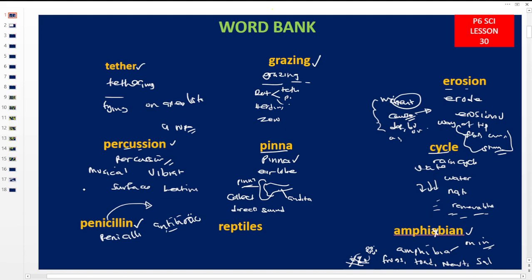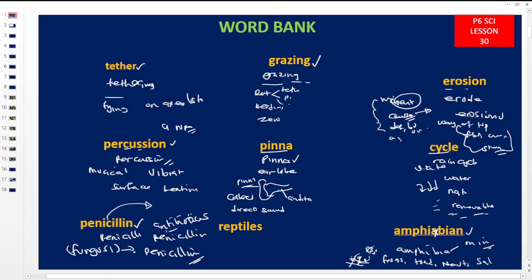To avoid or to treat those bacterial diseases, we use antibiotics, and we have very many, but we have this one called penicillin, which is obtained from a fungus. This fungus is called Penicillium.